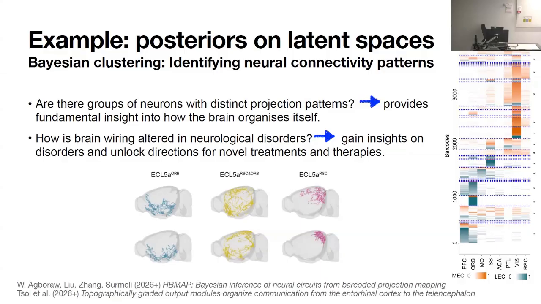All of this boils down to a clustering problem where we want to cluster the neurons to understand if there are neurons that have different ways of communicating information in the brain.